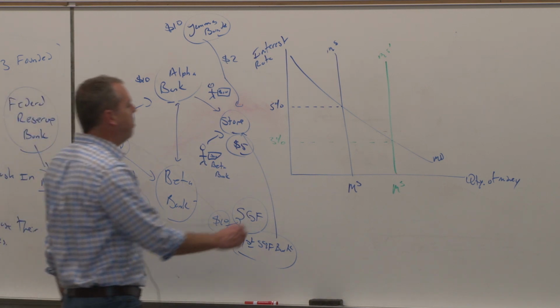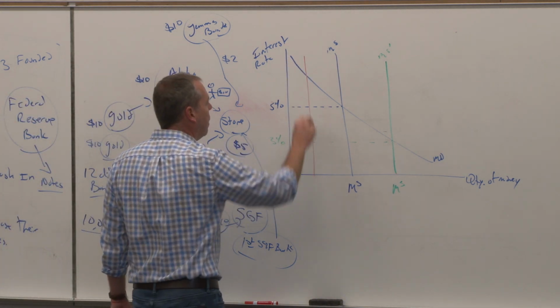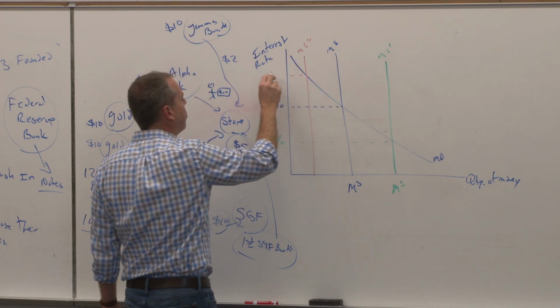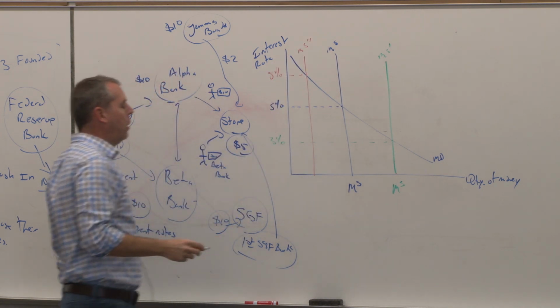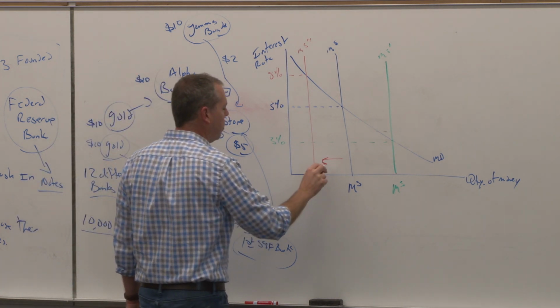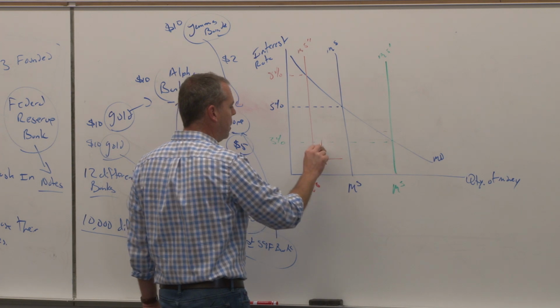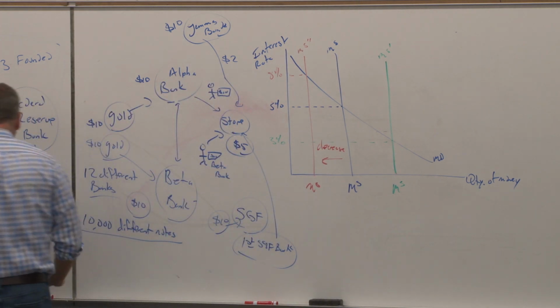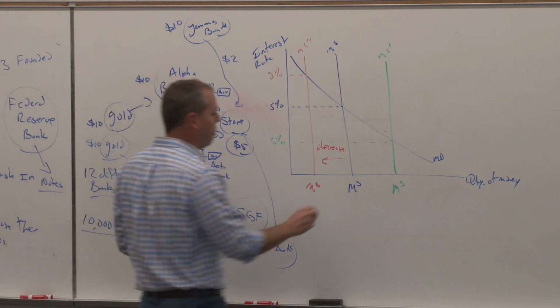The exact opposite happens if they decrease the money supply. All right, so here the interest rate maybe is, say, 8%. Well, at 8%, so here's our decrease. At 8%, investment goes down. You've got consumption going down.